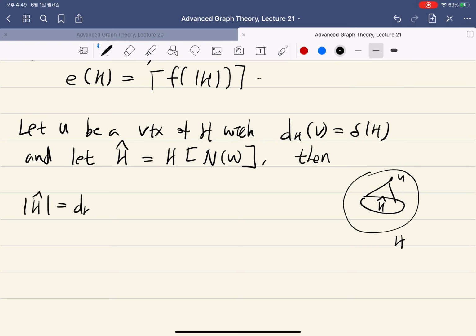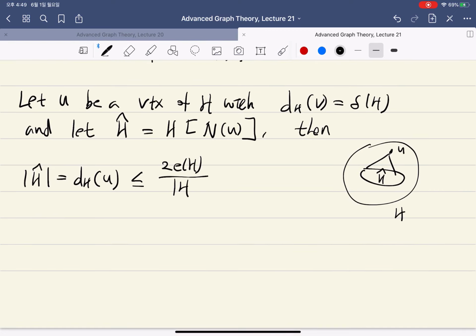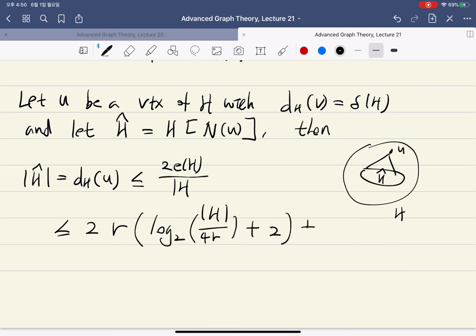The number of vertices of H hat is the same as the degree of U, which is at most twice the number of edges of H over the size of H, which is twice the function f, which is r times log 2 4r over H plus 2, plus 1.